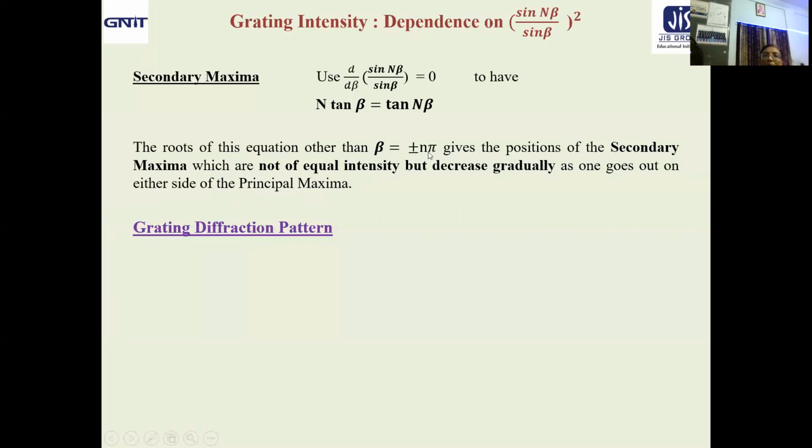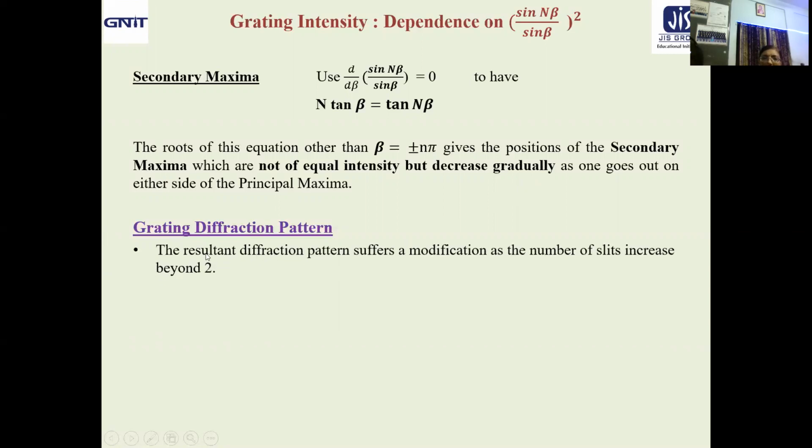So beta equal to plus minus N pi gives us the position of principal maxima. So the values of beta which satisfy this equation but are not equal to plus minus N pi give us the position of secondary maxima, which are not of equal intensity. In case of principal maxima, they were of equal intensity, that is N square, but here they are not of equal intensity but decrease gradually.